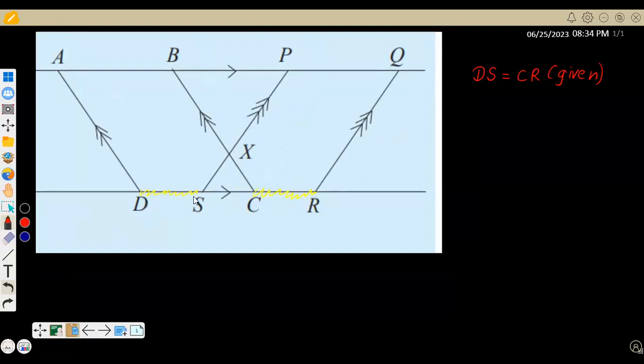You are asked to show that DC and SR are equal to each other.